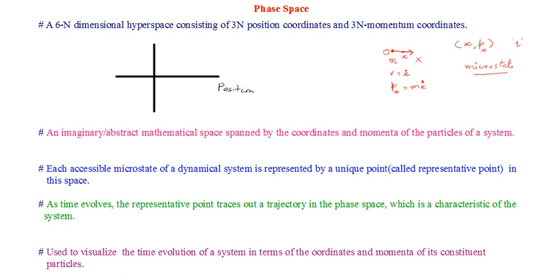So momentum of the particle is denoted along the vertical axis. And this is our origin, and the origin denotes 0, 0, right? Means position is 0 and the momentum is also 0.